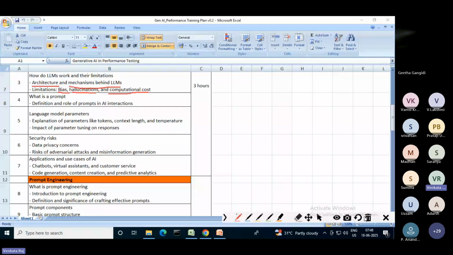Then comes, guys, something very, very important: what is a prompt. Most of you might not have heard of it, but whoever has a basic idea about generative AI or has used Gen AI might have heard about prompts. So we are going to understand the definition of a prompt and its role. Basically, a prompt is used to interact with the AI models.